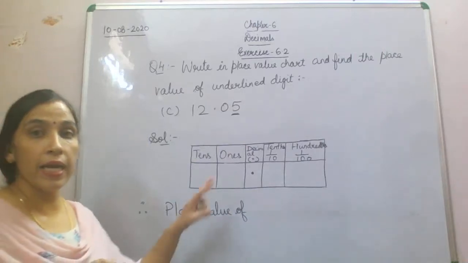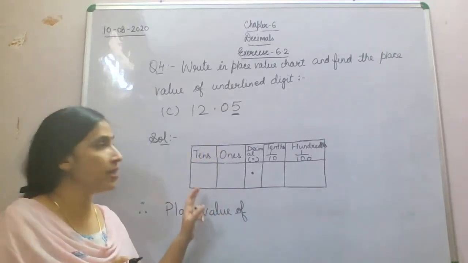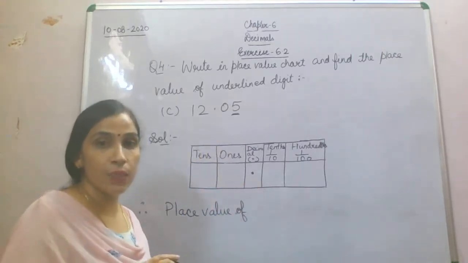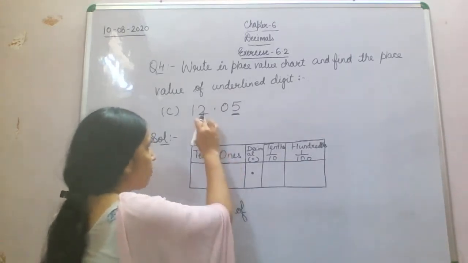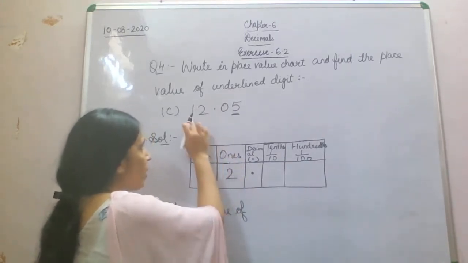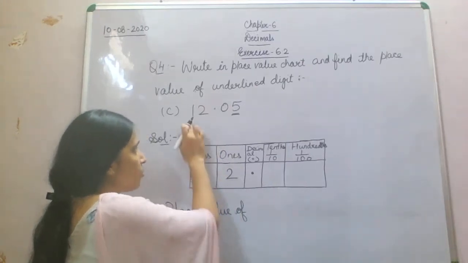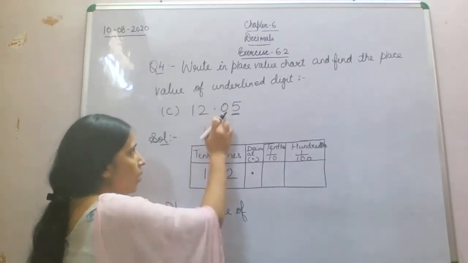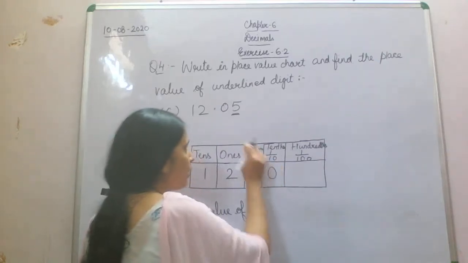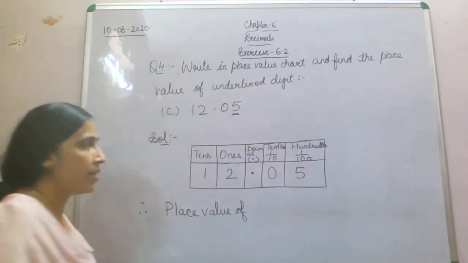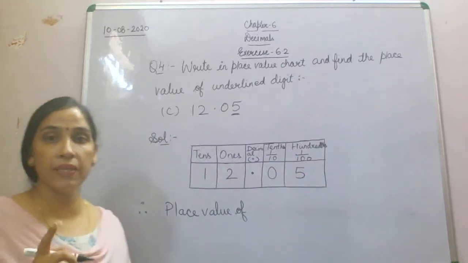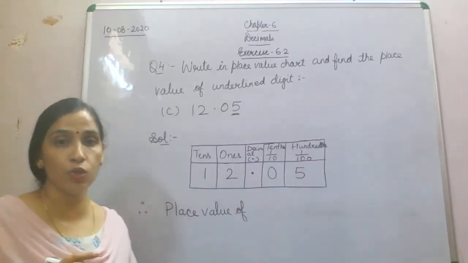So now we'll write this 12.05 in the place value chart. 2 is on ones place, so we'll write here 2. 1 is on tens place, so we'll write here 1. Now on tenths place we have 0 and on hundredths place we have 5. So we have represented the given number using this place value chart.